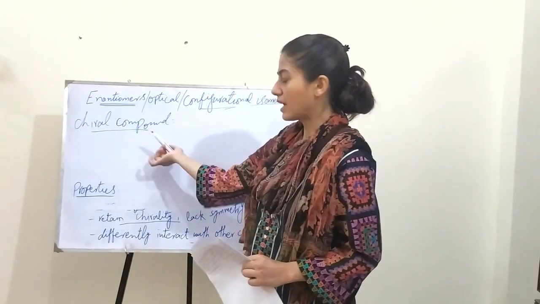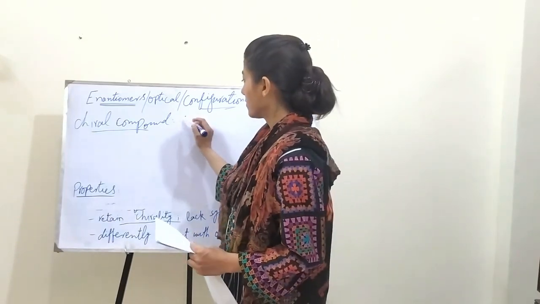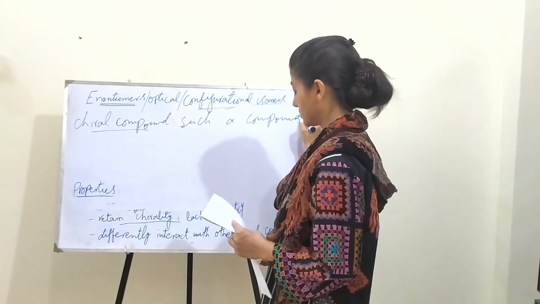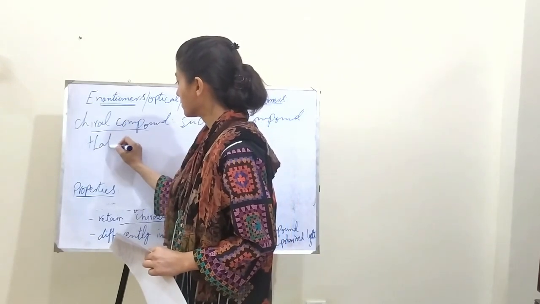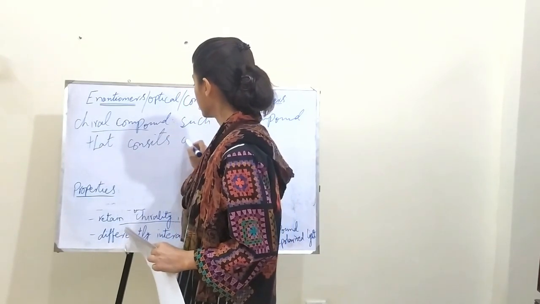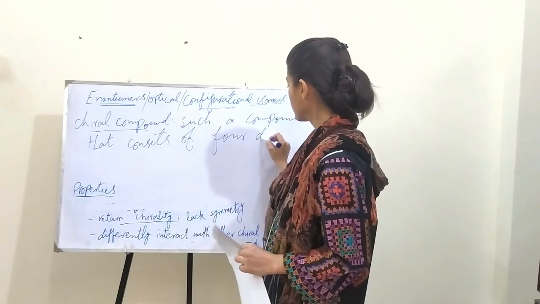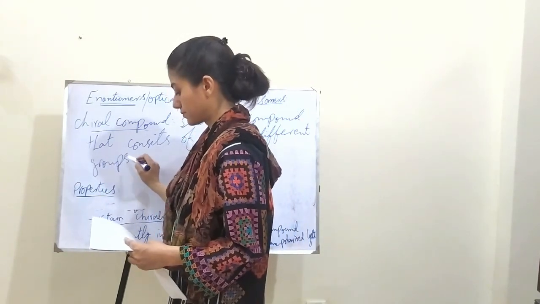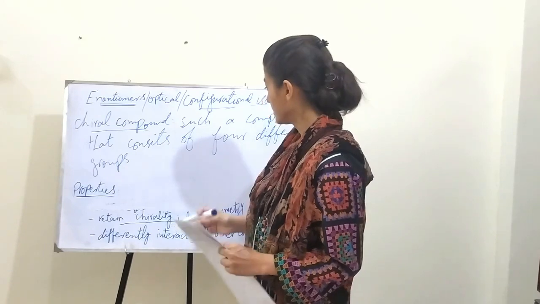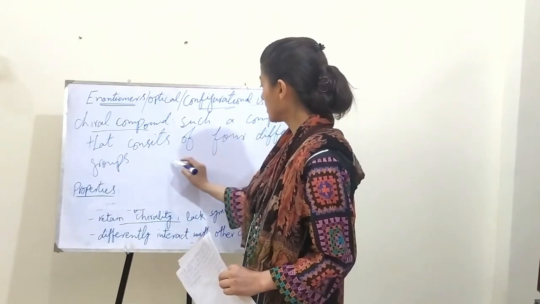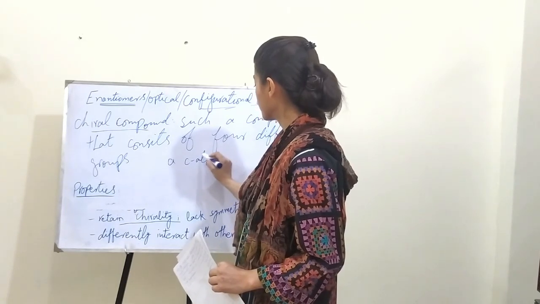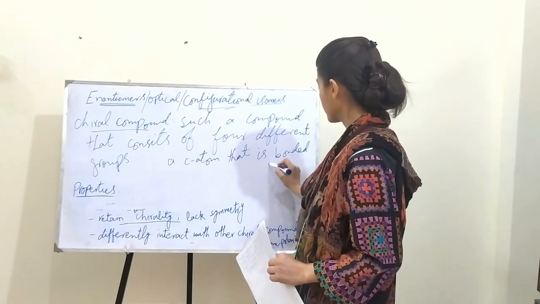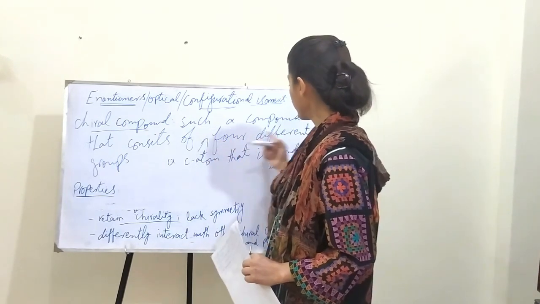When we say a compound is chiral, it is such a compound that consists of a carbon atom that is bonded with four different groups.